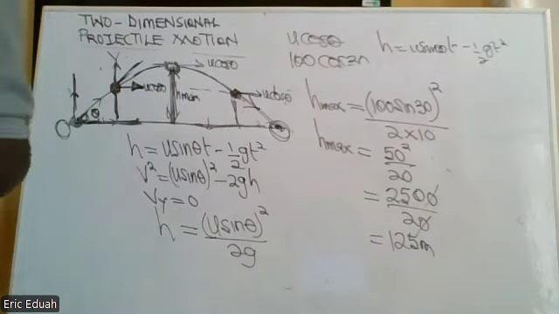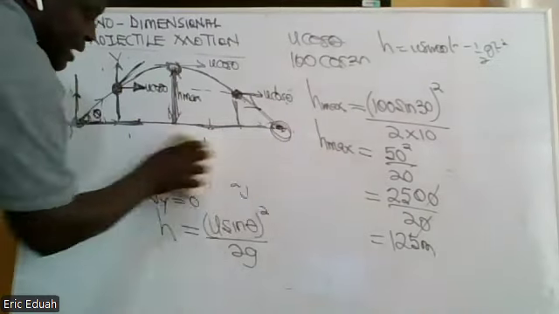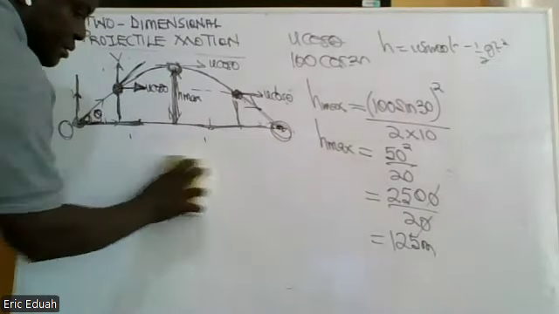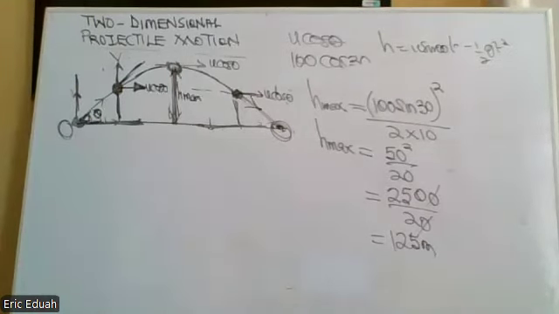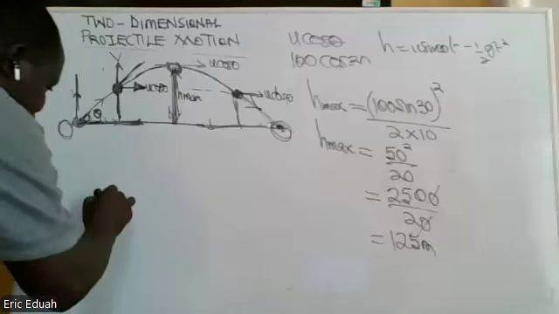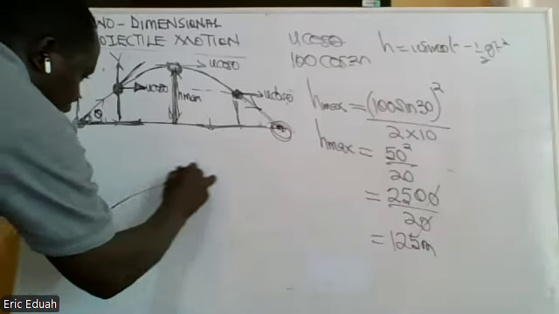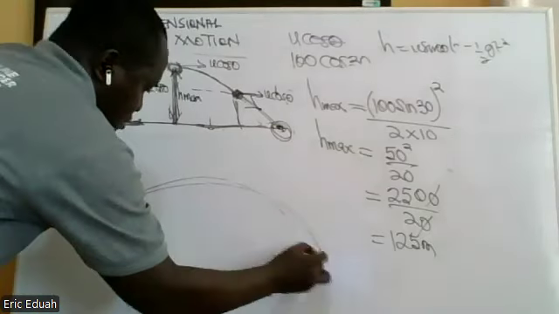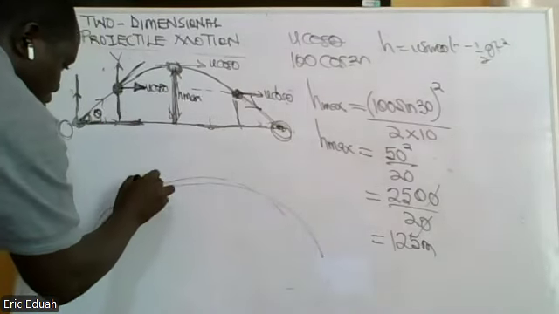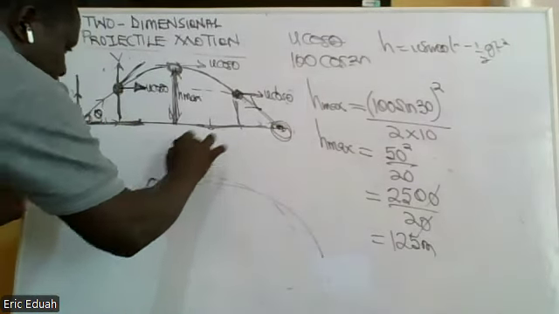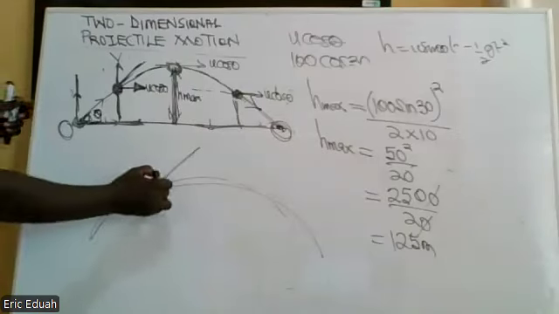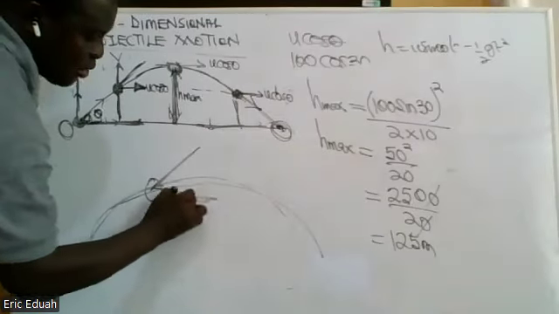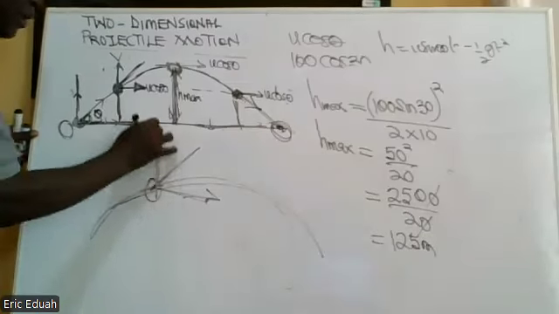So when the body, let me draw something to explain this part a little bit. If this is the trajectory or the path, over here when it is going up, there is a horizontal one here, there's a vertical one here.